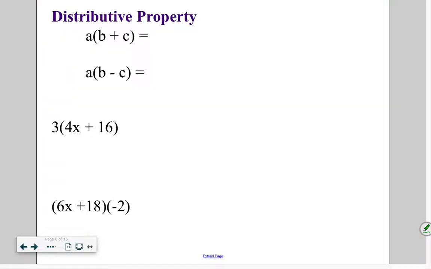Okay, the distributive property. So we said the distributive property means to hand out or to give, correct? So remember, if I'm going to take a times everything inside those parentheses, I have a times b and a times c. What symbol is going to go in between the 2 of them? Addition.